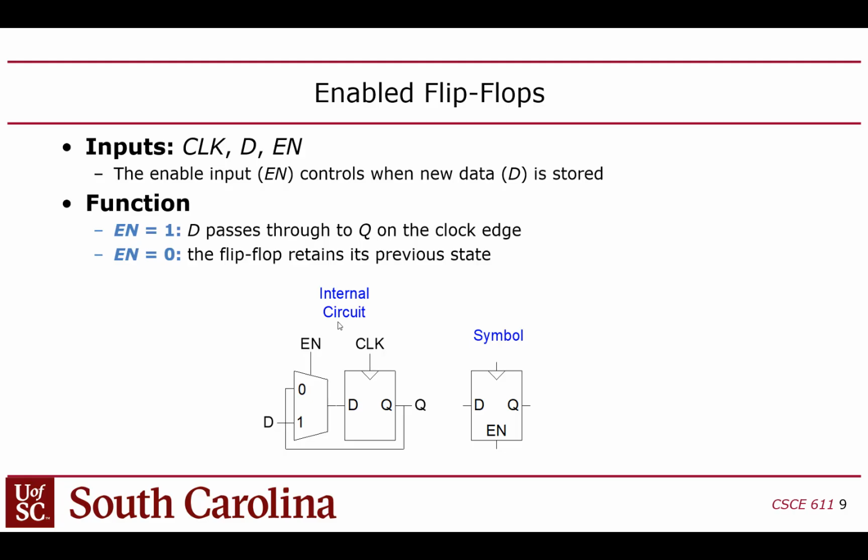Of course, you could also create the same effect by creating a mux here and feeding back the Q, so when the enable is 0, it keeps feeding Q back into D, right? So this is an example of where, if you don't have primitive support built into the actual flip-flop circuit, you can bolt logic around it to create the same behavior, right? And that's what the tools do to create a synchronous reset.